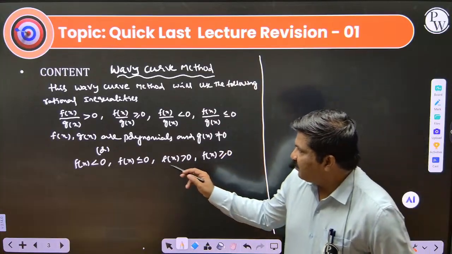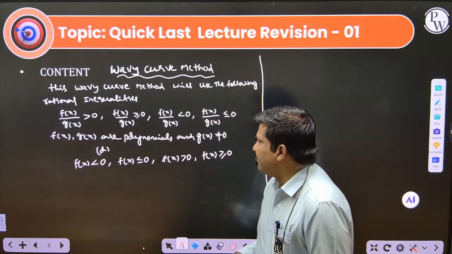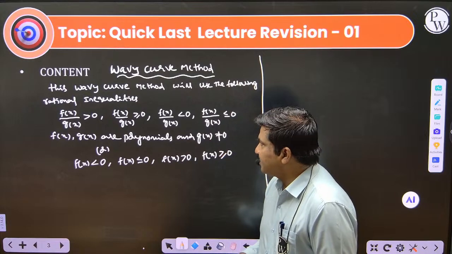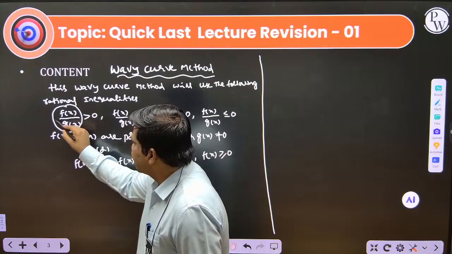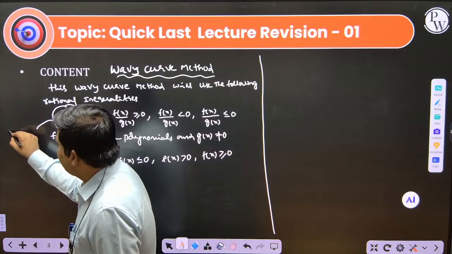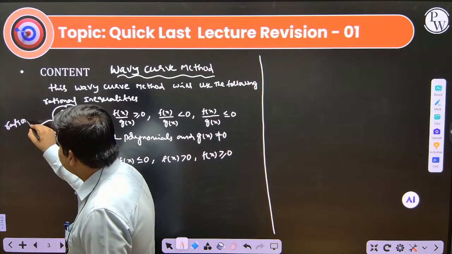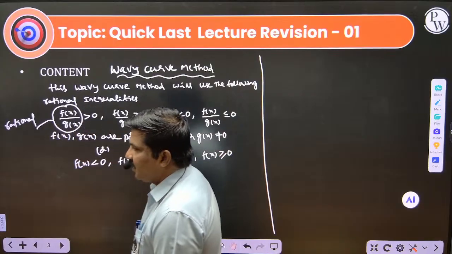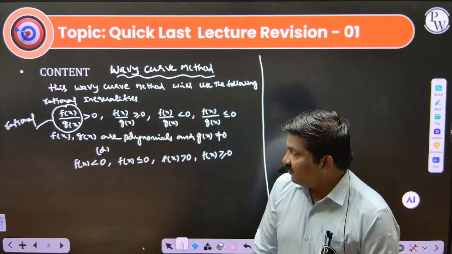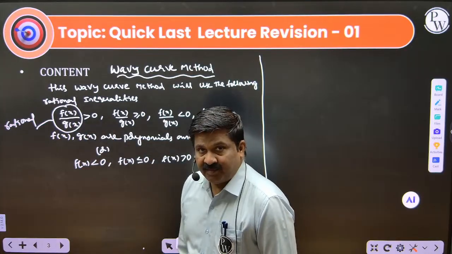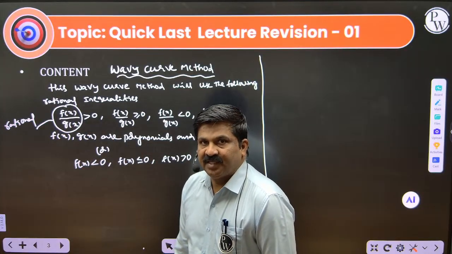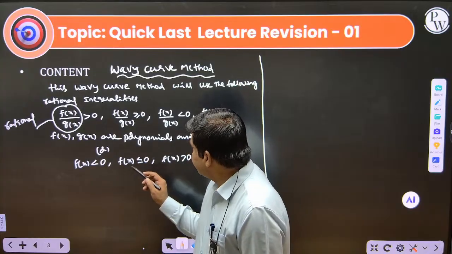Here f of x, g of x are polynomials. These functions are called rational functions. Rational function means both numerator and denominator must be polynomials in x, and g of x should be not equal to 0.